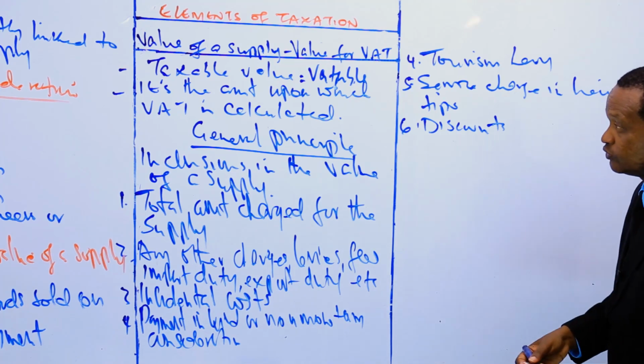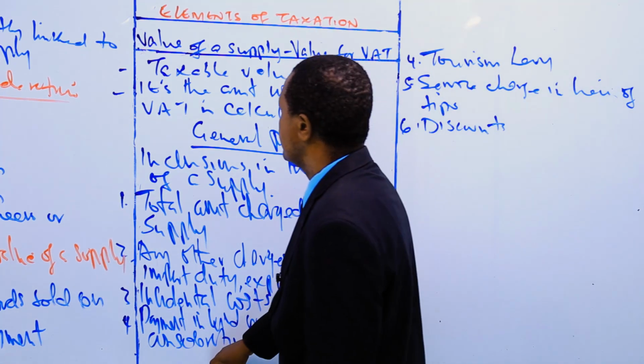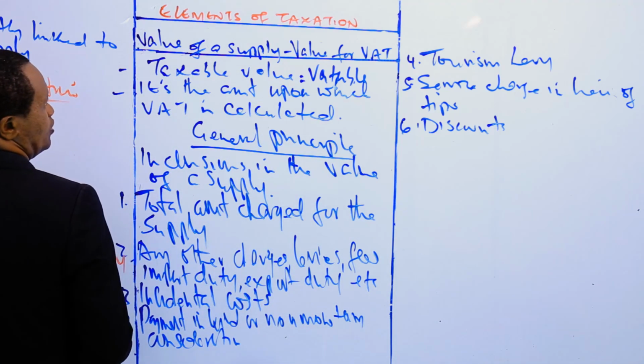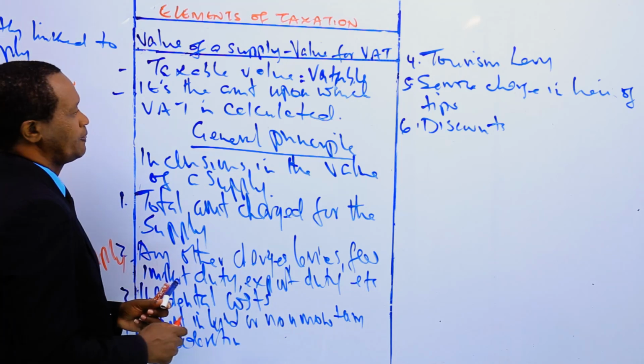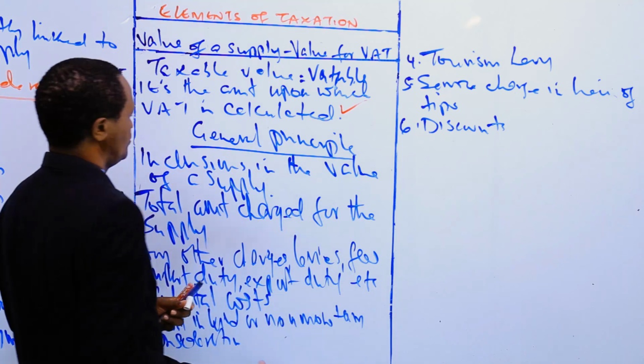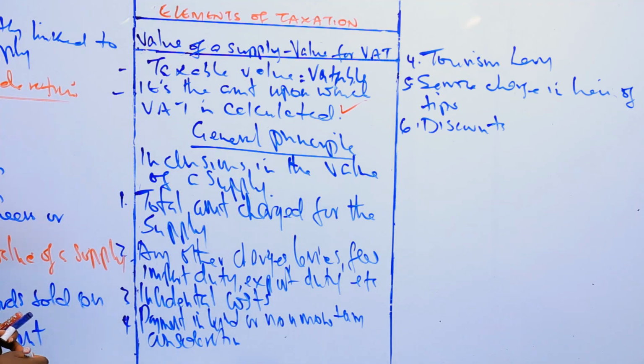And that will mark the end of this lesson on value of a supply, or value for VAT, which we've defined as the taxable value or the VATable value. We've said it is the amount upon which VAT is calculated. We've outlined the general principles that guide in the determination of the VATable value.